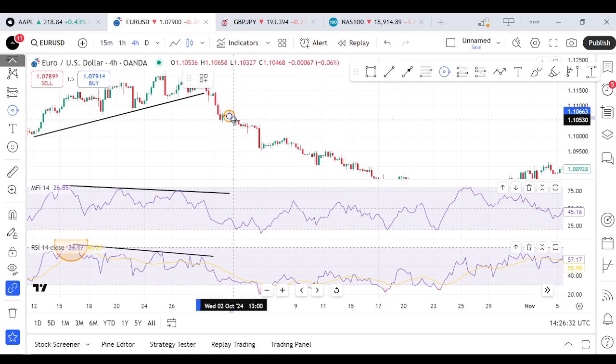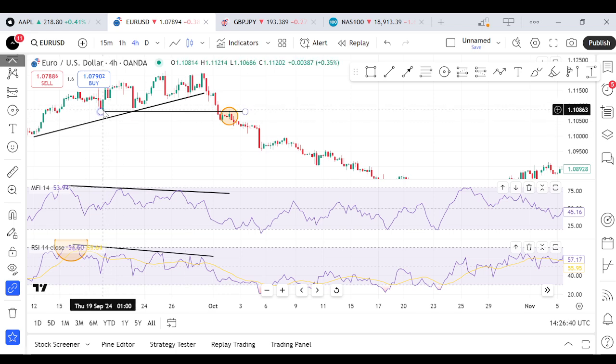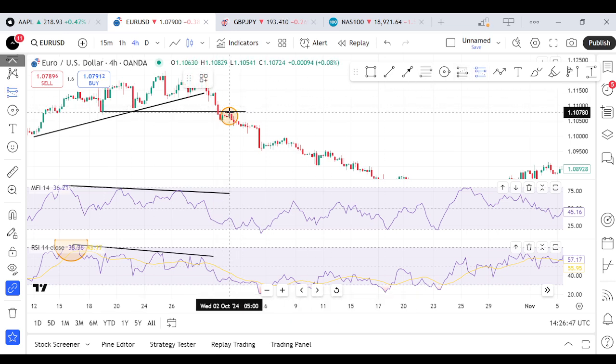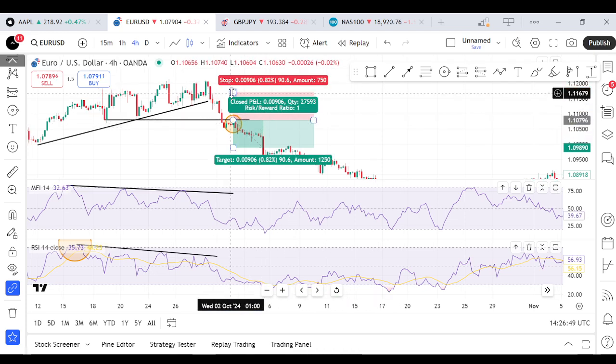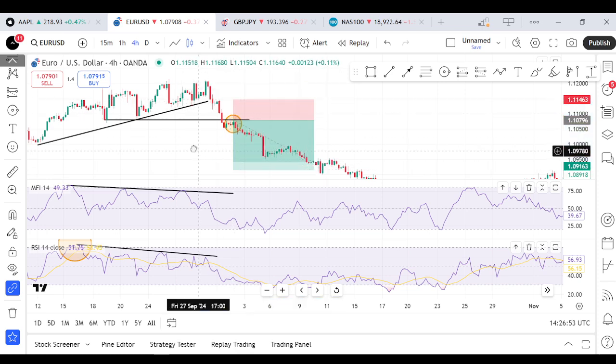It's a series of reactions and rejections. I can see the reaction from here using the S&R. You can see this former support level turning resistance level here. So we just need to take our sell trade from that level. Stop loss should be above this high and take profits all the way down.